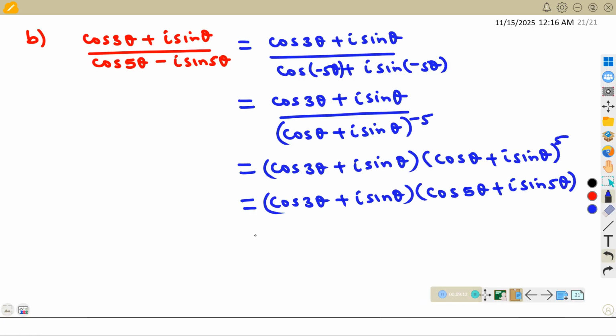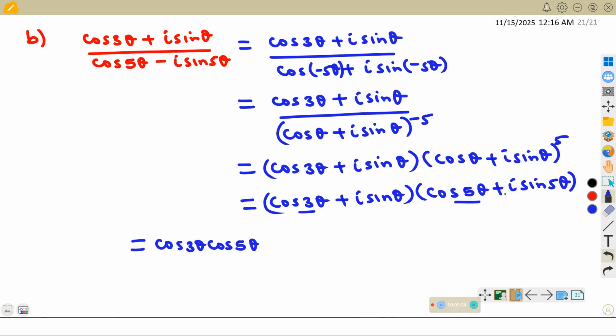From here we can try to simplify this expression by multiplying. We shall get cos 3 theta, we multiply it with this. So I will try to expand that. This will be cos of 3 theta, cos of 5 theta.